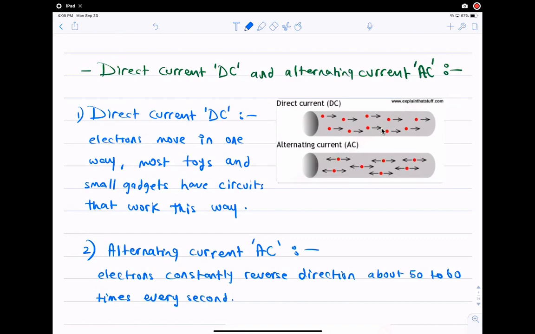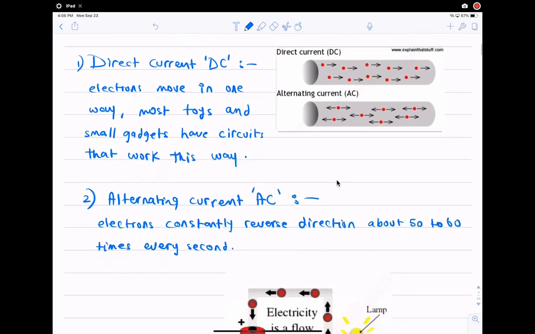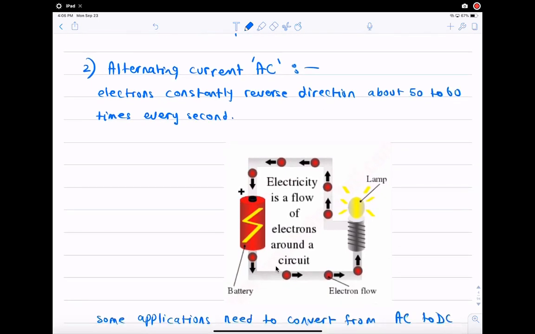Since it keeps reversing the direction, how would it work to, let's say, light up light bulbs? Now if I give you this example, this is a lamp, and the lamp normally has a filament. This filament heats up by the energy of the electrons that go through it, and it converts the heat to light that we can see.